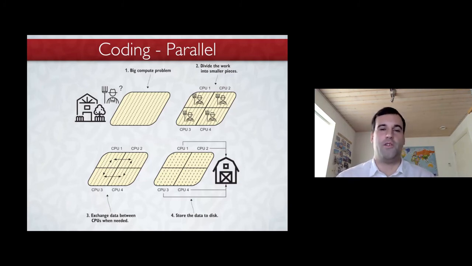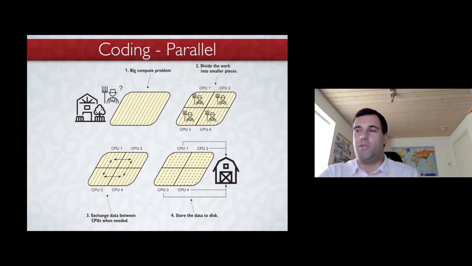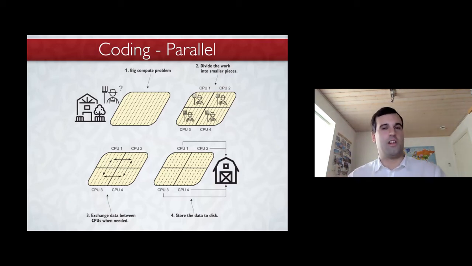And of course, if necessary, they communicate and exchange data whenever necessary. And in the end, they bring all the results back into the barn. So this is how, in principle, we divide up our problem. We have a big problem, divide it into smaller sub-problems, and then let 4 people, in this case farmers, work on these fields.